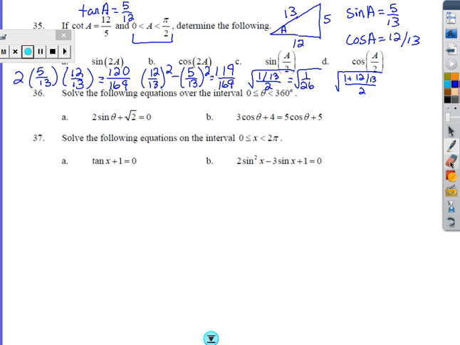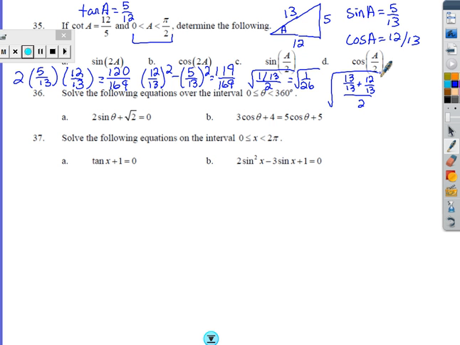So 13 over 13 plus 12 over 13, divided by 2, just so we can all see what's going on.